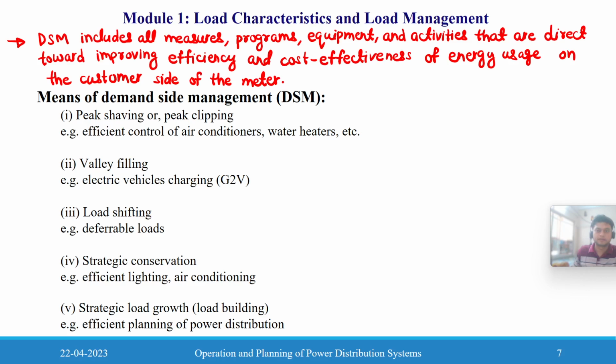And the various means of demand side management we usually apply are like this: peak saving or peak clipping. In this, we reduce both peak demand and total energy consumption. Important examples are efficient control of air conditioners and heaters.